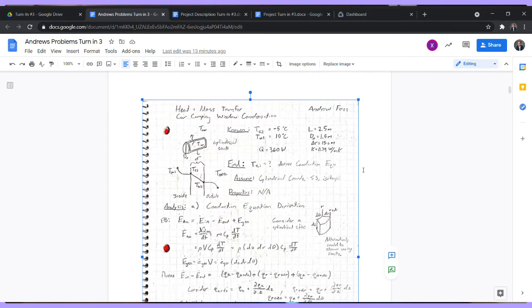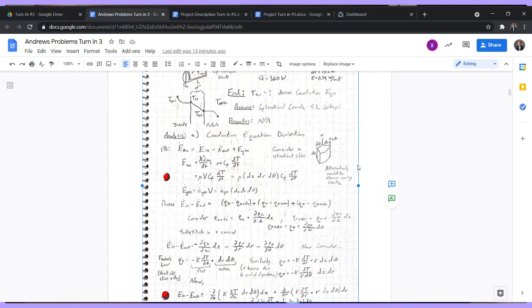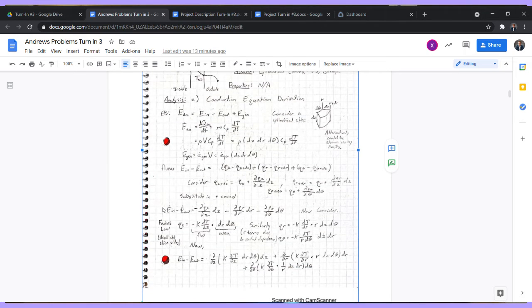So in my solution to this problem, first I set up the temperature profile as well as a system diagram. I started my conduction equation derivation with an energy balance, which then formed into a differential version based upon the cylindrical slice seen here.